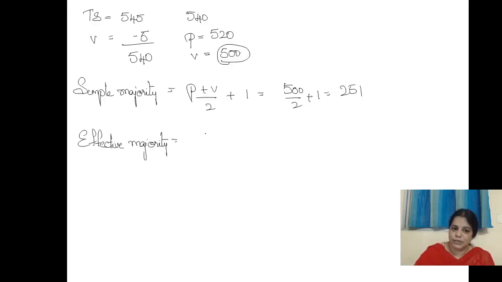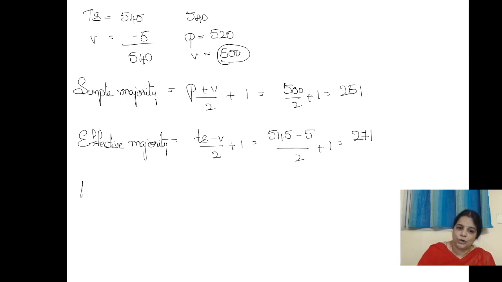Now, effective majority will be total strength minus vacancies divided by 2 plus 1, which is 545 minus 5 divided by 2 plus 1, nothing but 271. Okay, now what will be absolute majority?